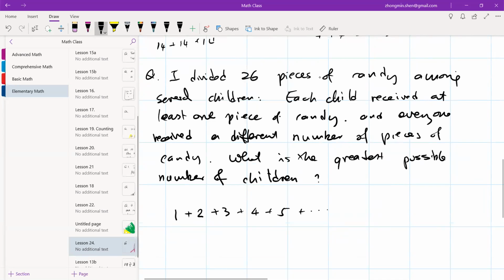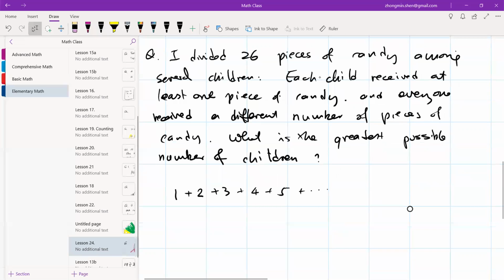So the question is, what is the greatest number of students, right? You will see that when you get to 6, 7, let's see, how many? So here you have 6, right?